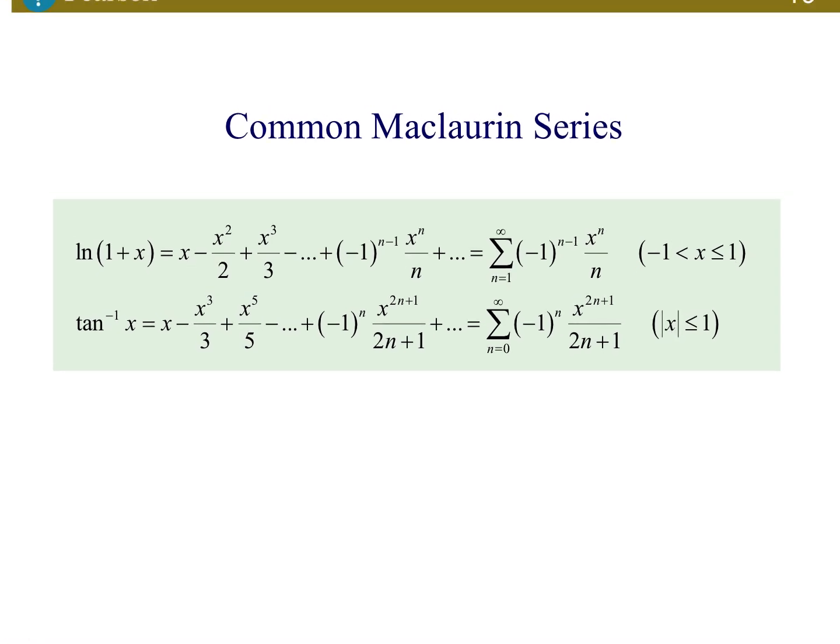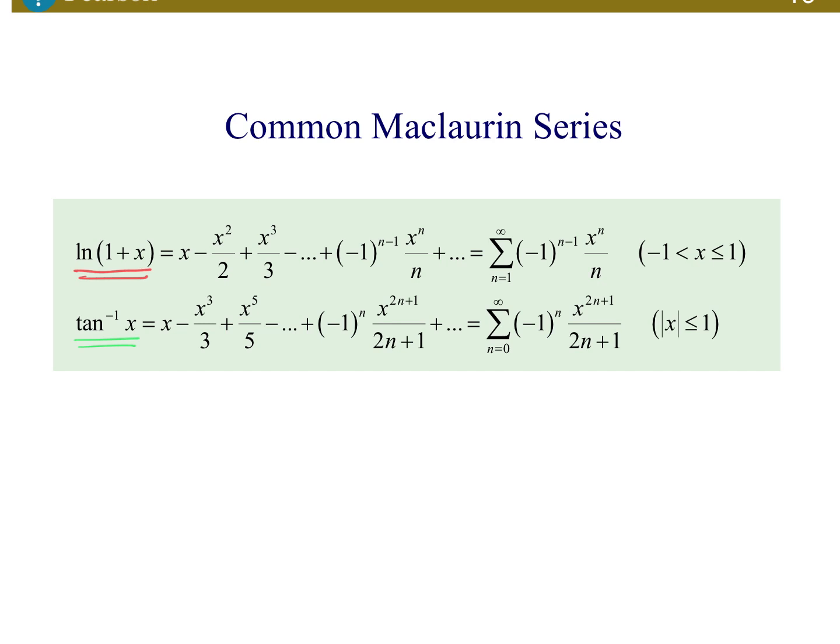The other ones that are the most common are to see the exact same thing without any of the factorials. If you leave the factorials off, it creates something totally different. So if you leave off all the factorials and have all the powers, then you're going to get an ln. And if you leave off all of the factorials and only have all the odds, then you have inverse tangent.